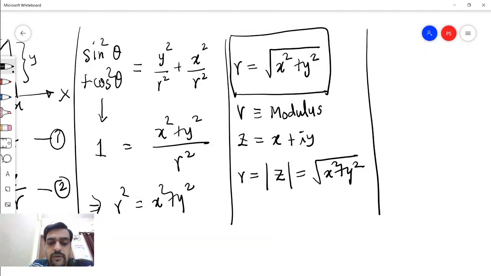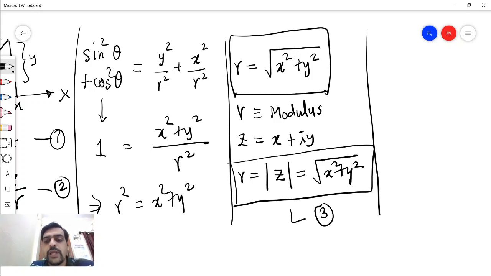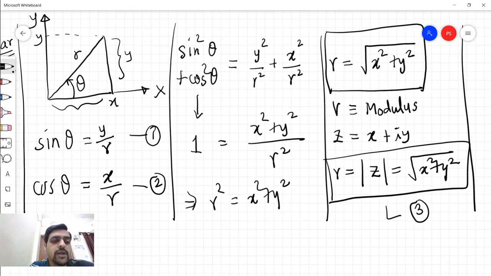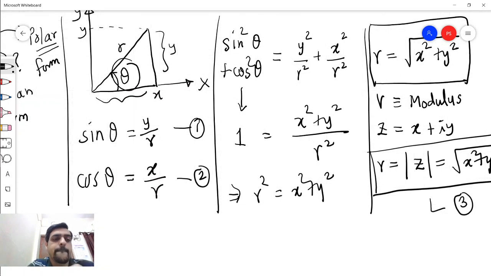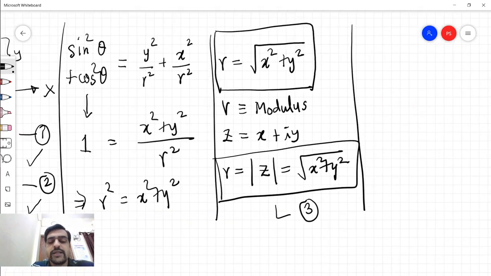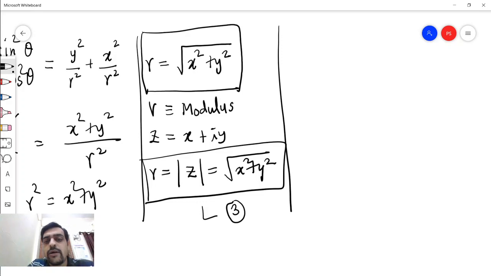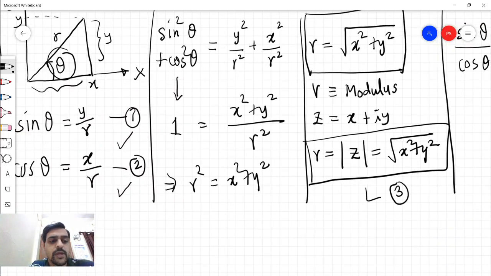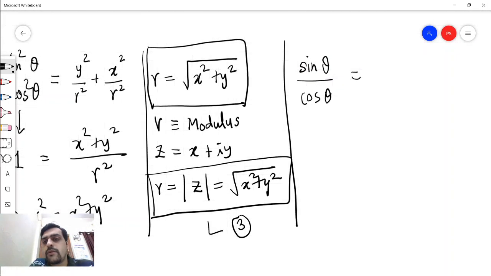Now we are done with the formula for r. Now we have to have a formula for theta. So using these equations 1 and 2, we can directly derive that sine theta by cos theta will be y by r upon x by r.